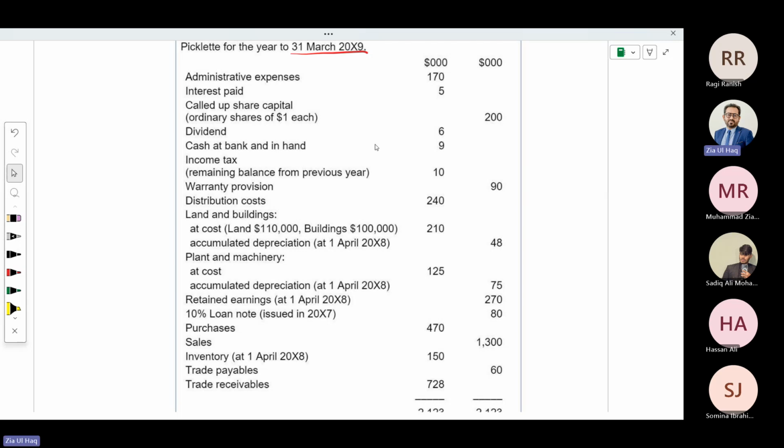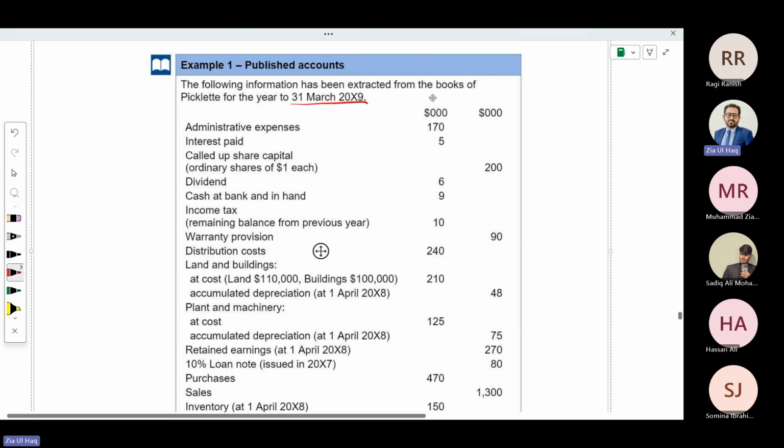In this column you have all the debit account balance figures, and in this column you will have credit account balance figures. And dividend paid is an expense having debit nature. Dividend received is an income having credit nature.